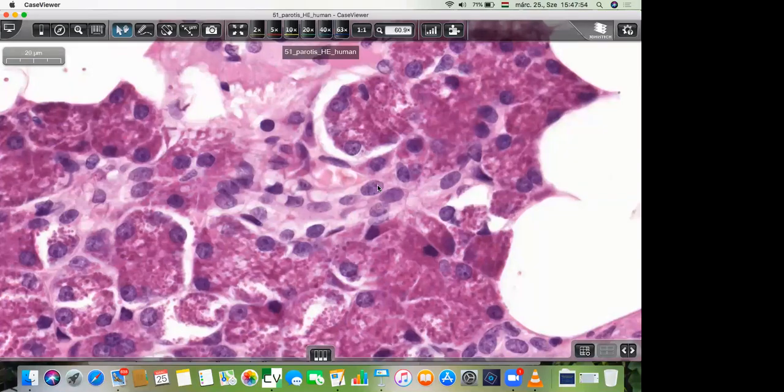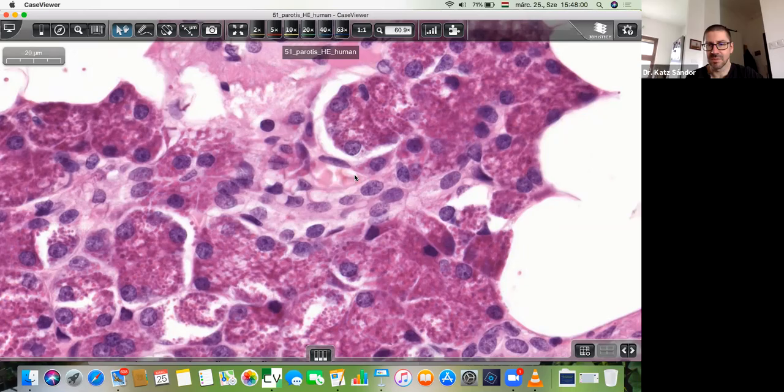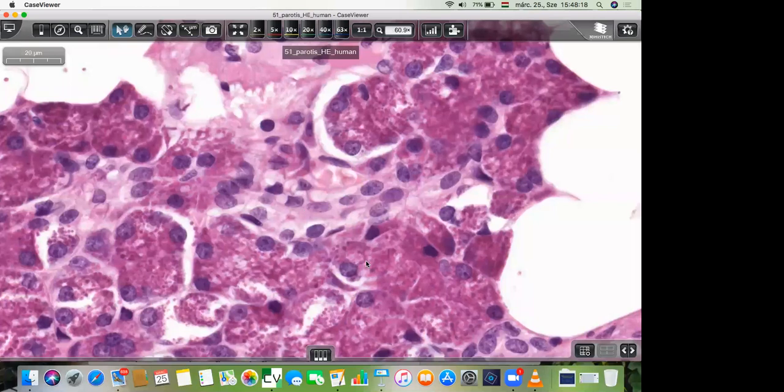Yes, but how did you know it wasn't a striated duct, part of it at least? Because of the size. It's too small for it. We can see the wall and the lumen, but this is the striated one. This is the intercalated, because it's too small. The striated would be bigger, like this. I see. It's just part of it, though. Okay, I understand. Thank you.